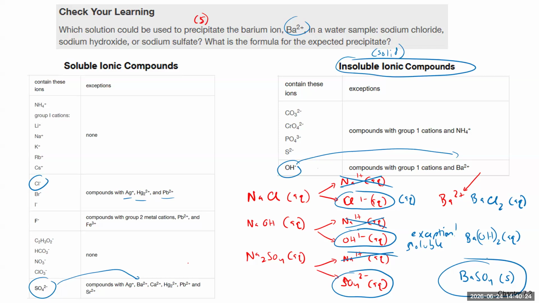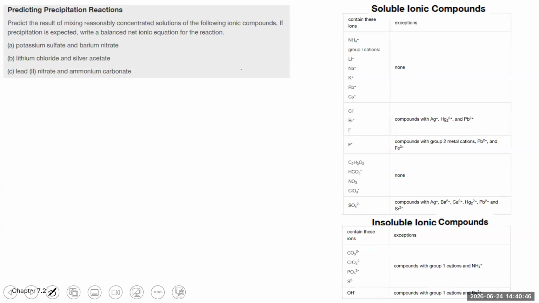It is a solid. So this is where it will form a precipitate here. And the formula is, like we just did, BaSO4 solid. All right, let's check another one.